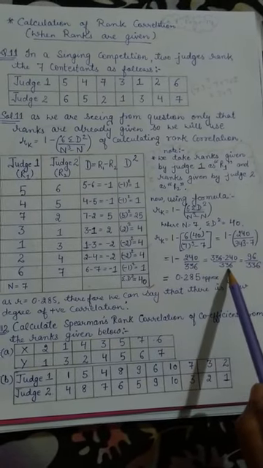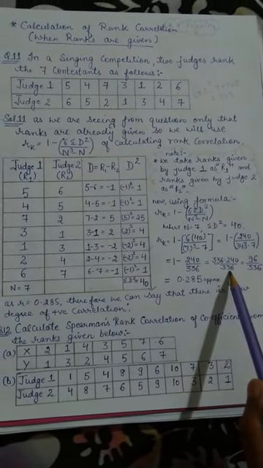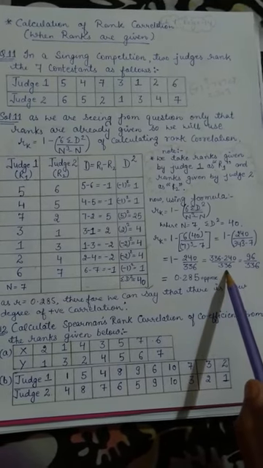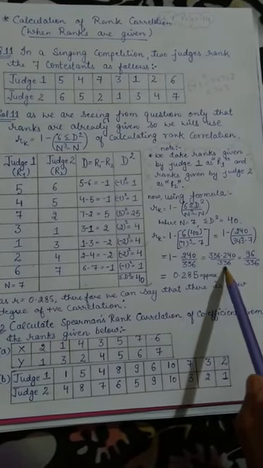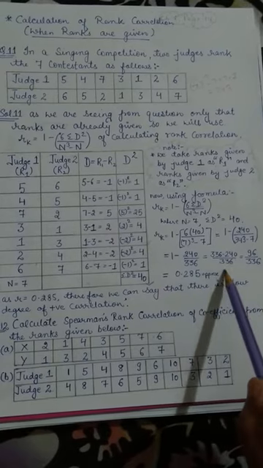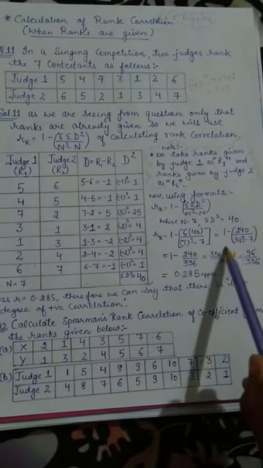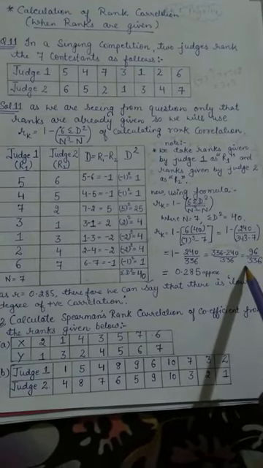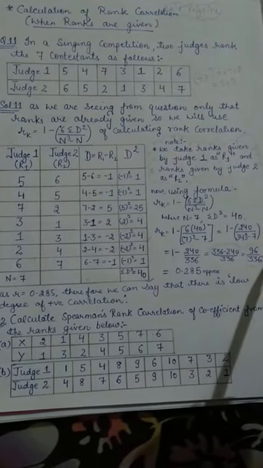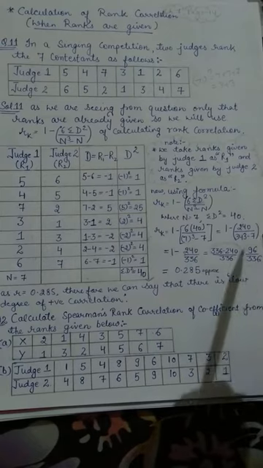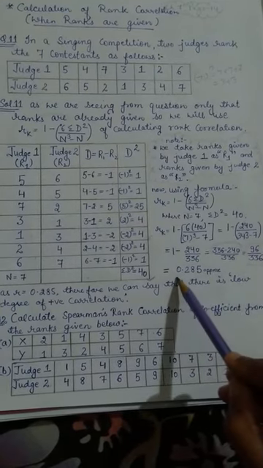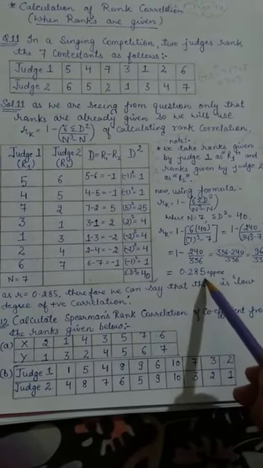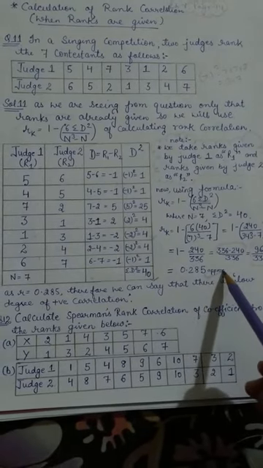Here you can take LCM, or you can do it in a different way also. As I have taken LCM here, I will get 336 minus 240 upon 336. The difference will come to 96 upon 336. And students, when we divide this, as I have told you, you will get the answer in decimal form, 0.285.